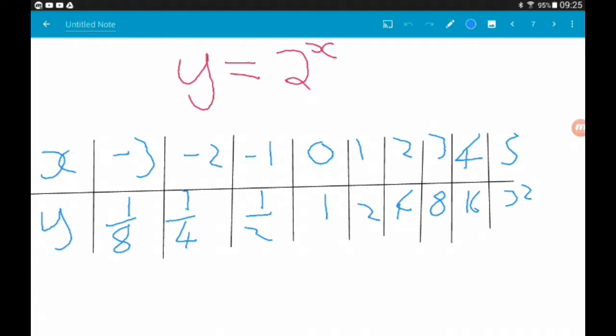In fact, they're getting very big at a faster rate. So all the way through this table, to get from value to value, we are multiplying by 2 each time. So it's getting twice as big from value to value.